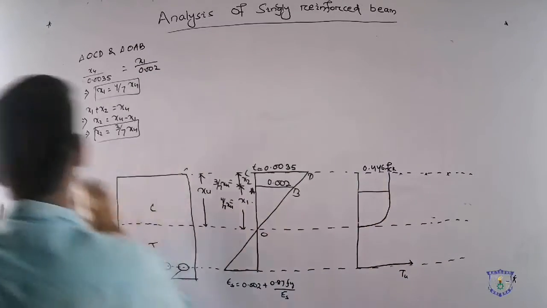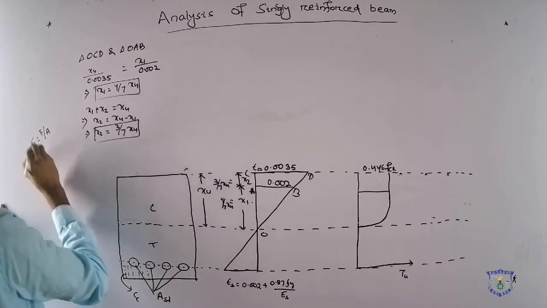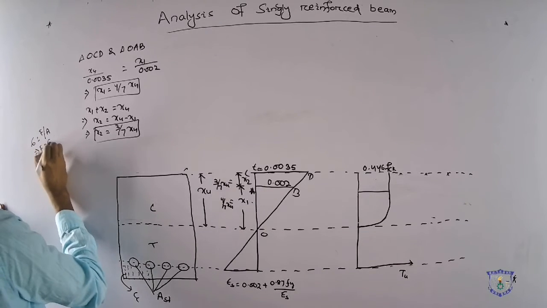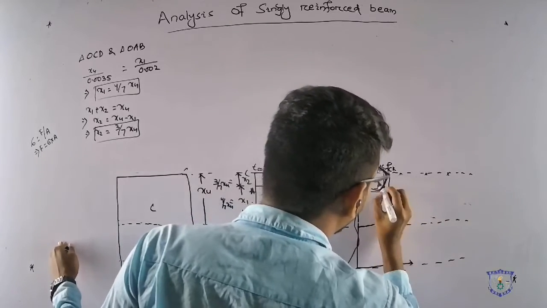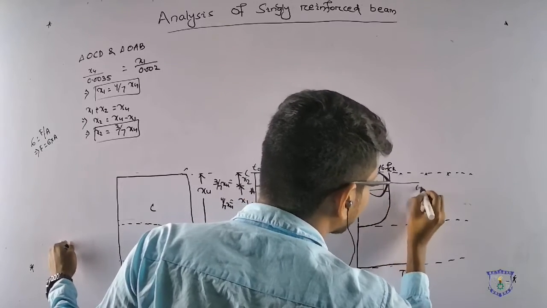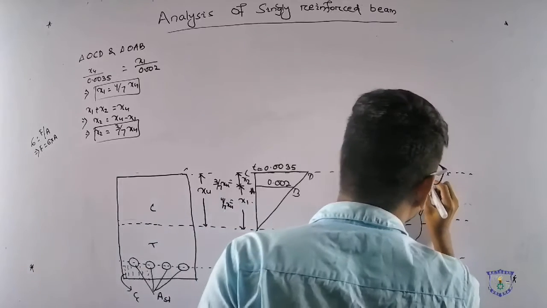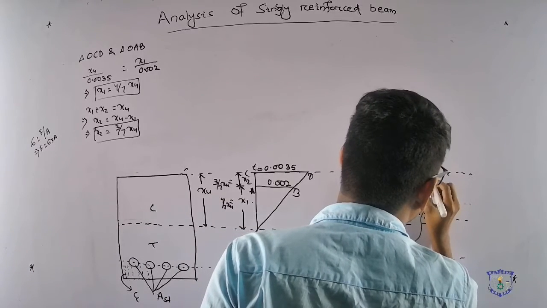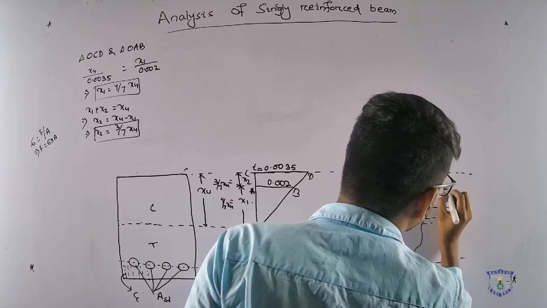Let us consider, we have the idea stress equals force per unit area. So force equals stress into area. So there is a compressive force acting in the rectangular section, C1, and this is C2. The distance from this to this for C1, let us take Y1, and for C2, Y2.